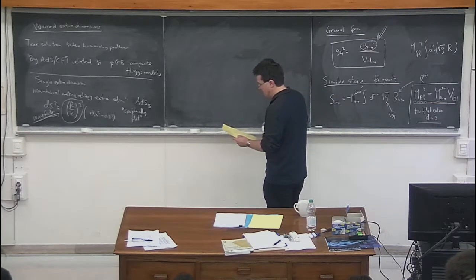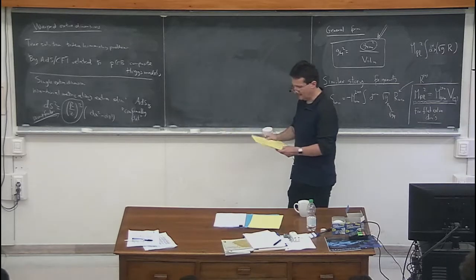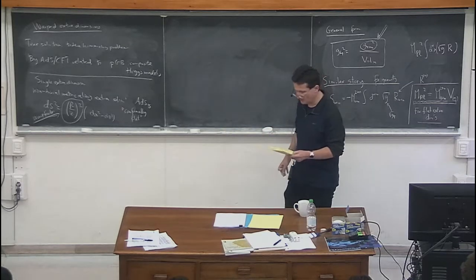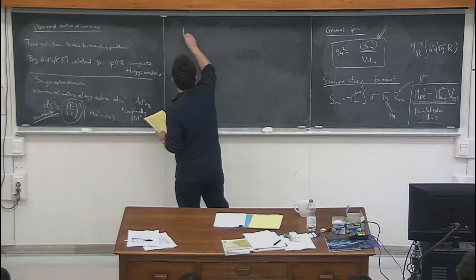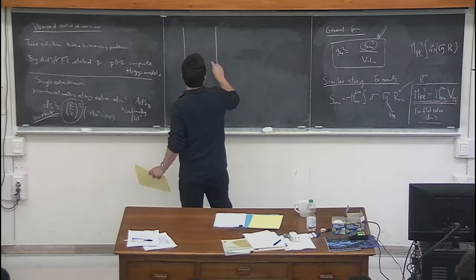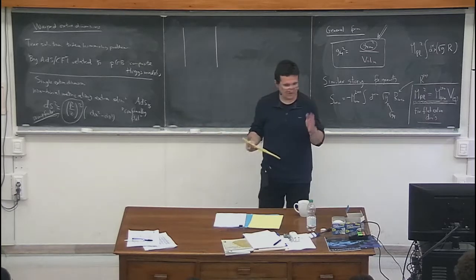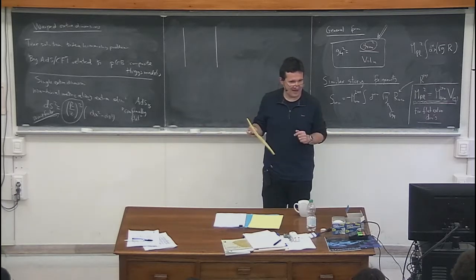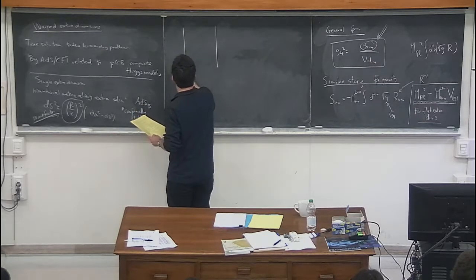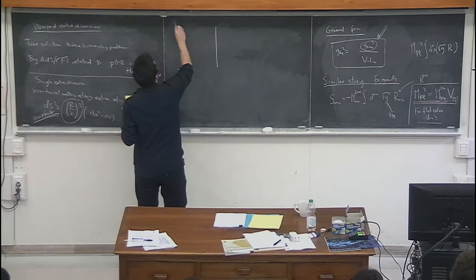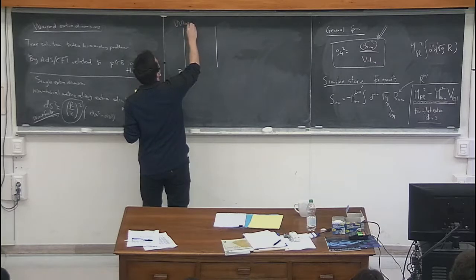Okay, very good. So you have this warp factor, so this non-trivial metric. And what you have in addition is two branes that are cutting off the space-time at some finite values of this coordinate z. At z equals R there will be a brane, which is called the UV brane.